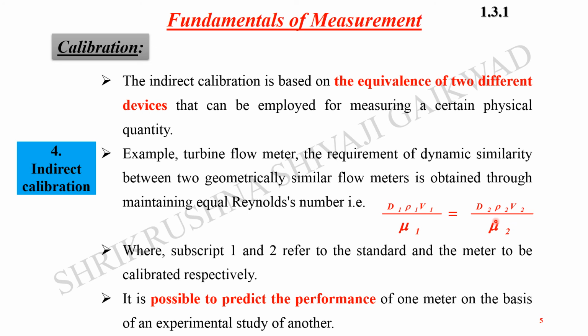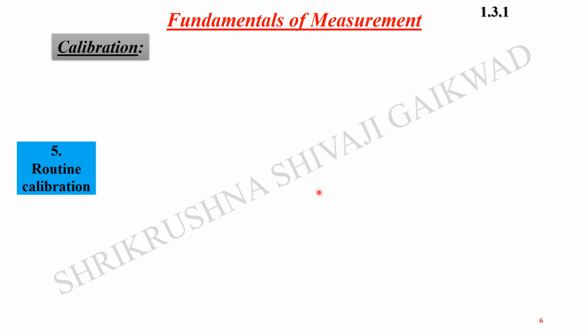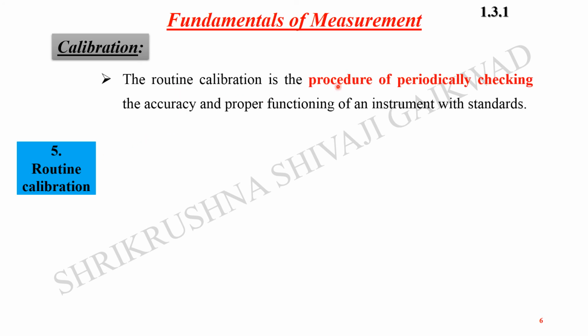Now the last type of calibration is the routine calibration. Routine calibration is the process of periodically checking or inspecting the accuracy and proper functioning of an instrument against the standards.